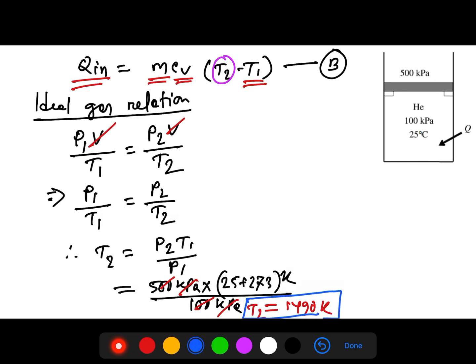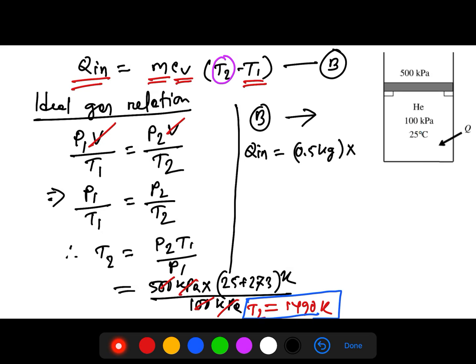Once we know T2, guys, then we can substitute the value here. From equation B, Q in equals mass, 0.5 kg, times CV, 3.1156 kilojoule per kg Kelvin, times T2, which we got as 1490, minus T1, 298 Kelvin.